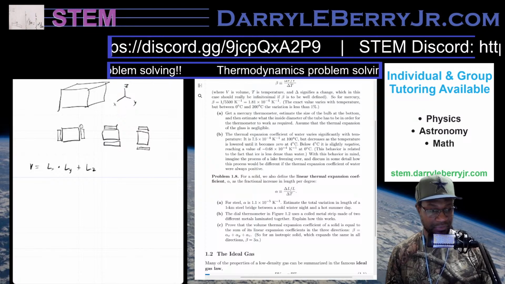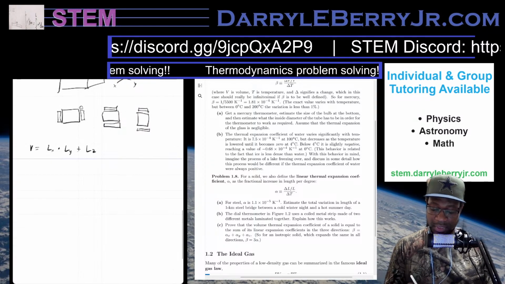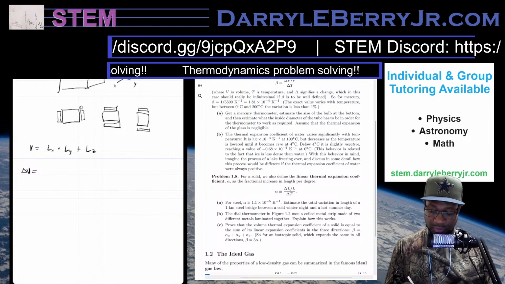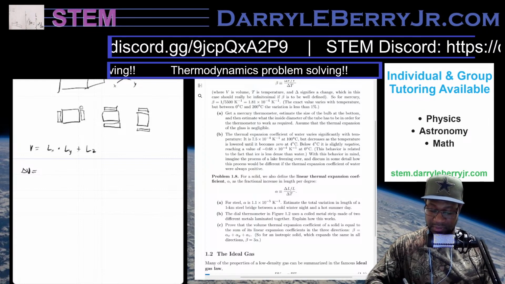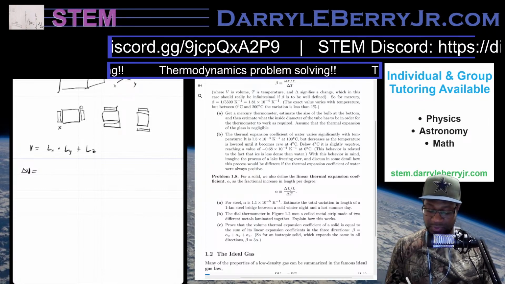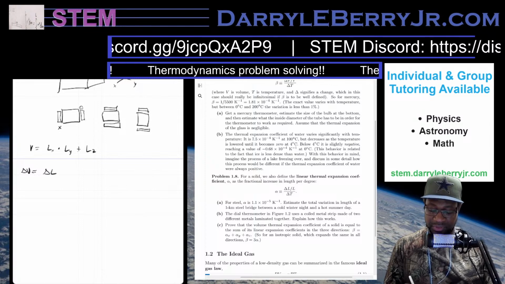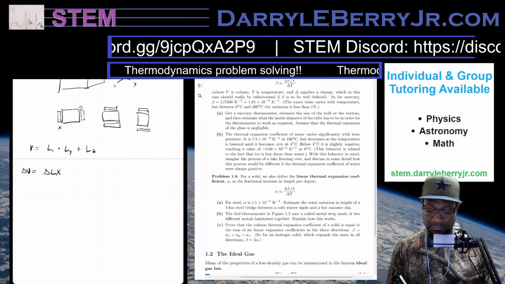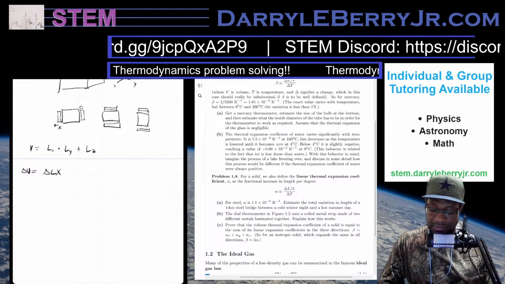The change in volume would be, so basically if this was the x side, we would have a change in Lx. That'll get longer.